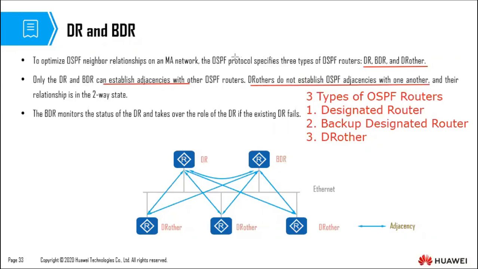Their relationship ends at the neighbor relationship, the two-way state. Are we together? DR others, their relationship with each other ends on the neighbor relationship. They don't form adjacencies. They don't exchange LSAs. You only exchange LSAs with the DR and the BDR.